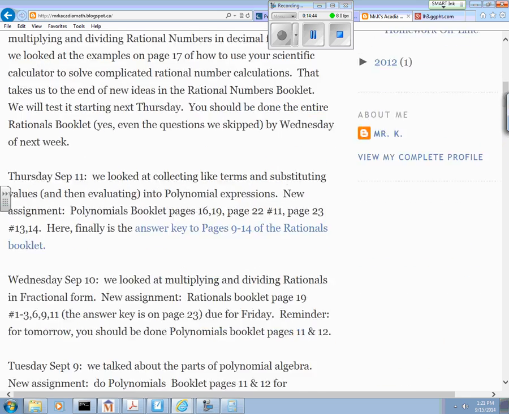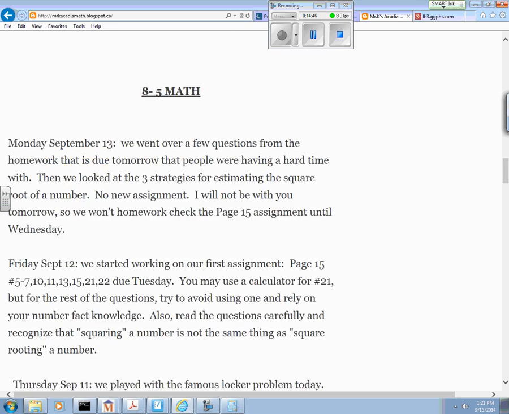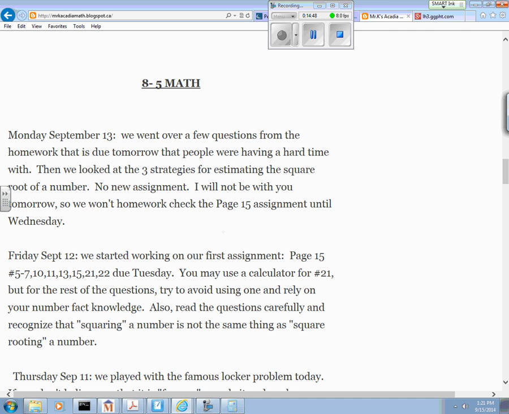There we go. Where are you? 8.5. There you are. You were actually supposed to be done this assignment here, page 15, 5 to 7, 10, 11, 13, 15, 21, 22, and it was supposed to be due today, but I will not be homework checking it until tomorrow. So if there's anybody who needs a few minutes to finish off that, maybe you better do that first.